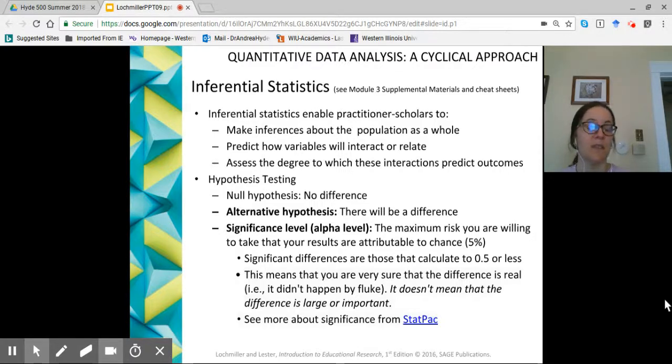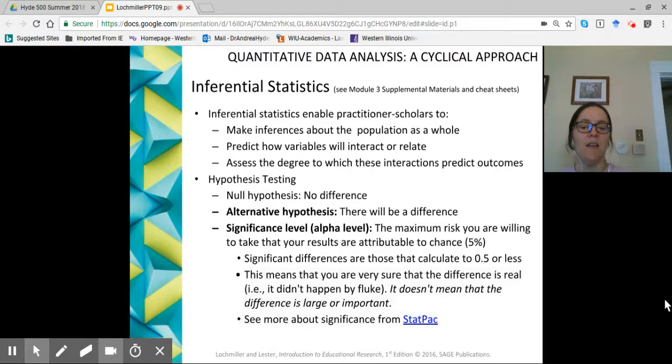So your significance level, also known as the alpha level, should be 0.5. And that's why you see that as the marker of significance. So significant differences are those that calculate to 0.5 or less chance of happening randomly, right, with no association.